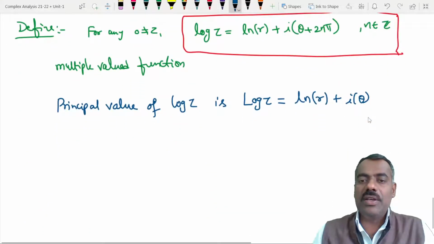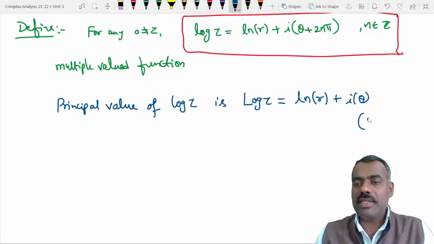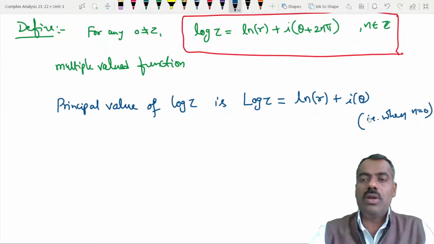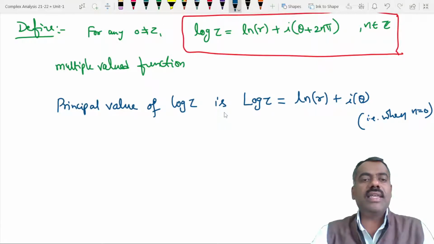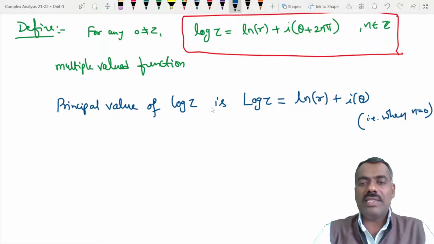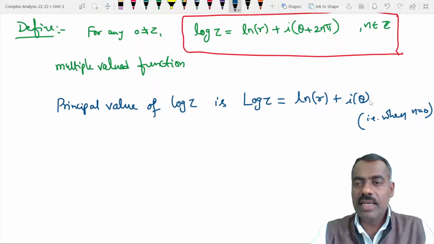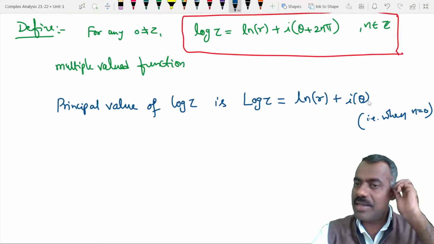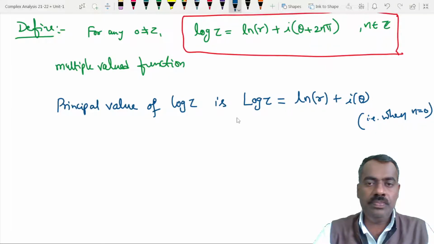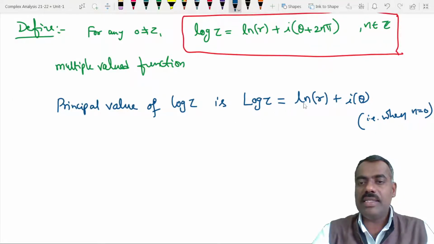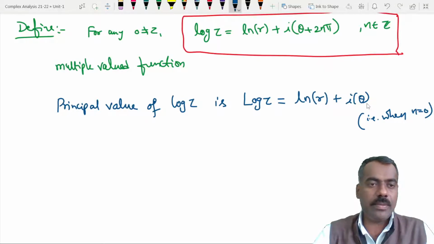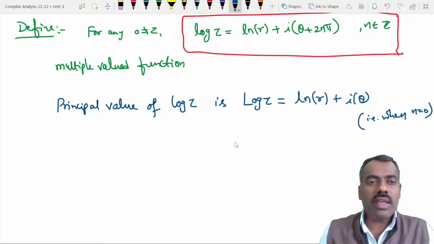That is when n is equal to 0, whatever value we are getting, that is the principal value of log z. We can check that it is a single valued function. Theta you can write as capital Arg. So capital Log z is natural logarithm of r plus i times capital Arg of z. Fine.